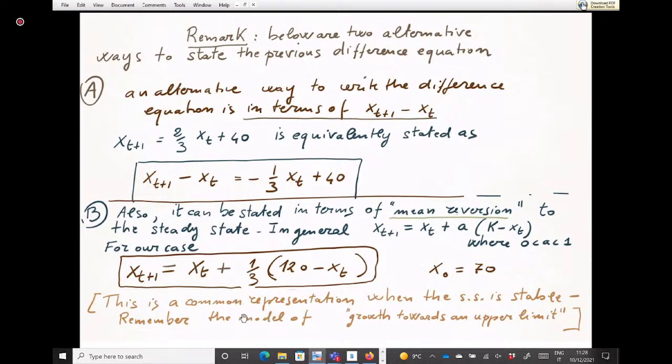Remember, in continuous time, the model of growth towards an upper limit. Well, there are many simple models, both in economics and finance, that are characterized by mean reversion. If they result in a difference equation, they can be written in this way.